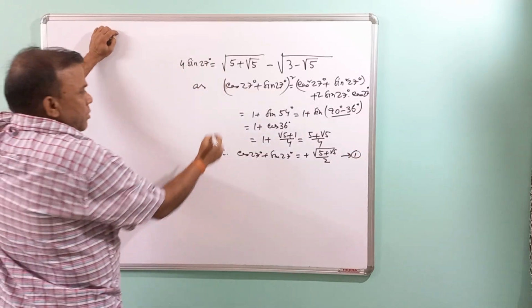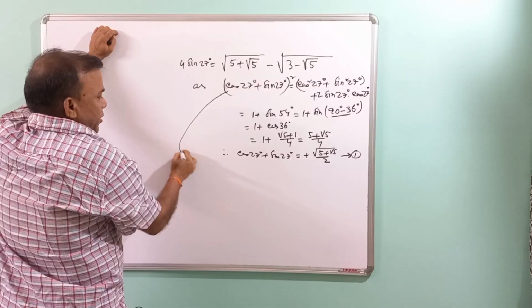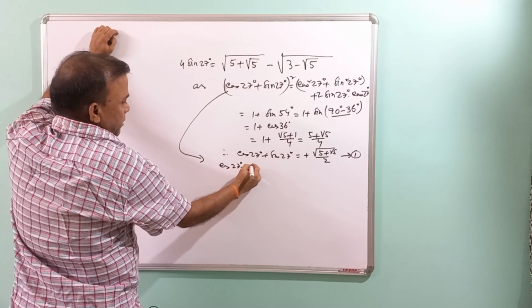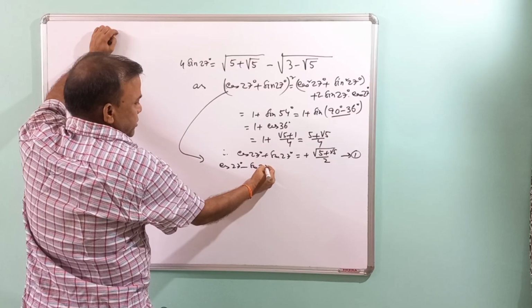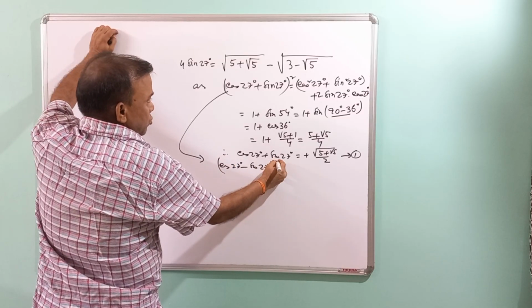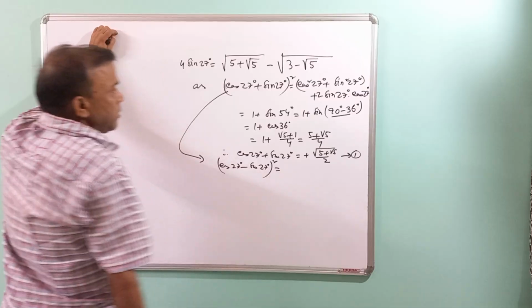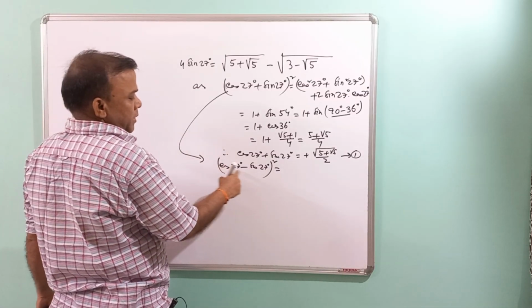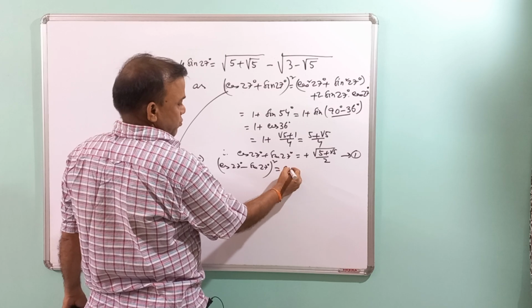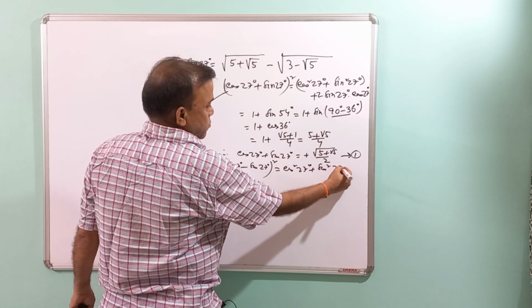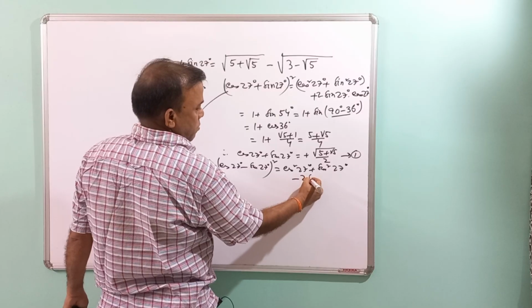Similarly, we can find the value of cos 27 degree minus sin 27 degree by taking whole square. As cos a minus b whole square is a square plus b square minus 2ab.